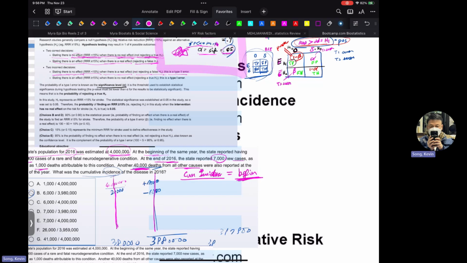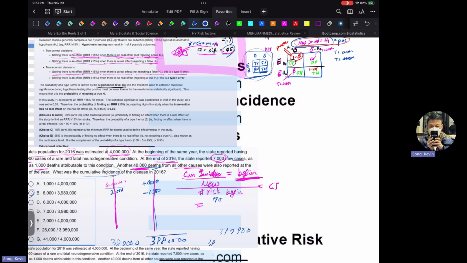So at the beginning of the year, how many people are at risk? The number of people added, the new cases, that's the cumulative incidence. The new cases were 7,000 during that whole period, right?